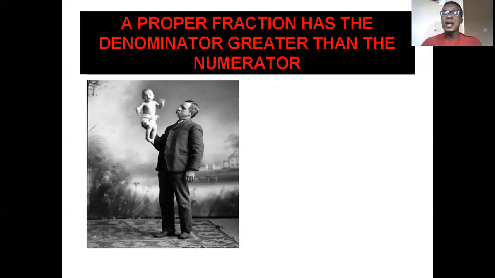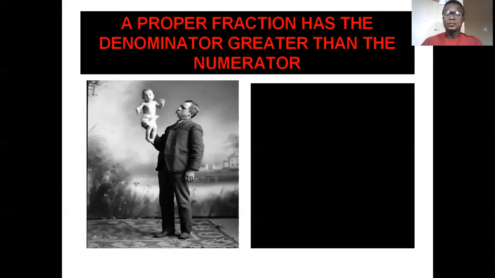So a proper fraction has the denominator greater than the numerator. From this picture, this man is the denominator, while the baby is the numerator. You observe that the man is greater than the baby, which is the numerator. So such fractions are called proper fractions.